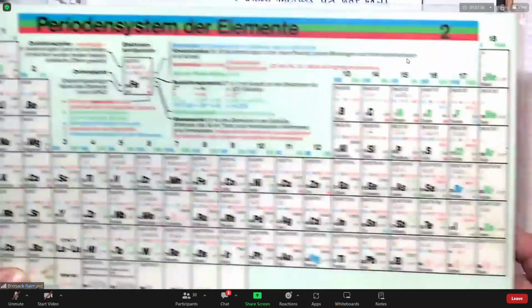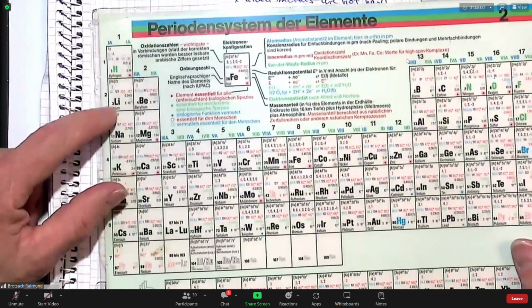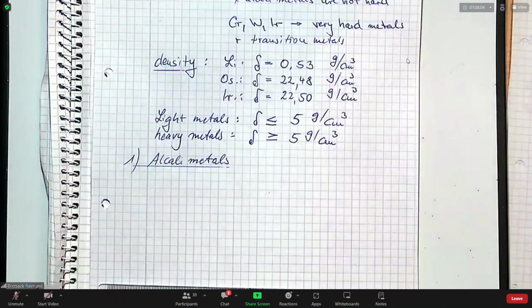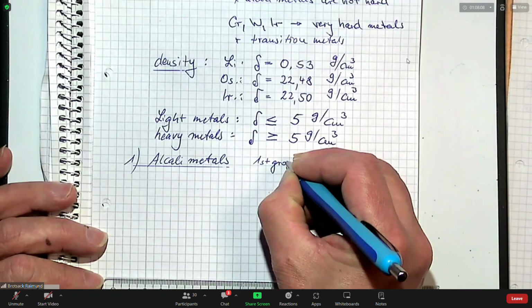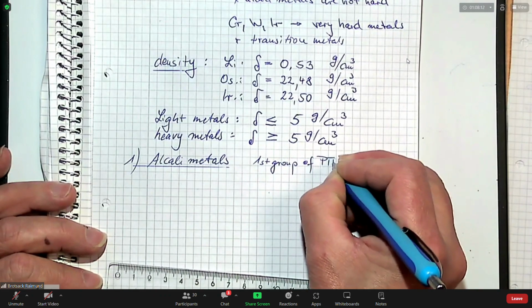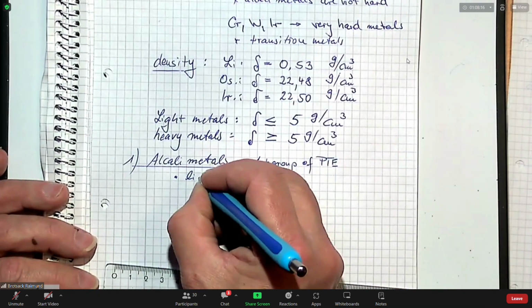You know that the alkali metals, hydrogen, of course, is not a metal, it's a gas, but the others are alkali metals. They are very light, and they are in the first group of the PTE. They are light metals.